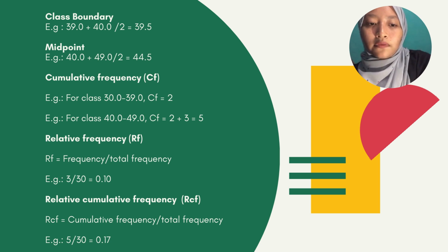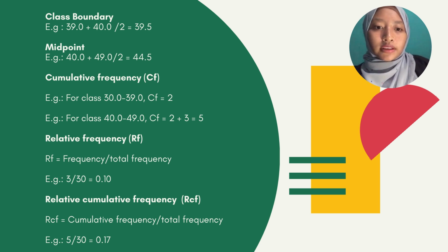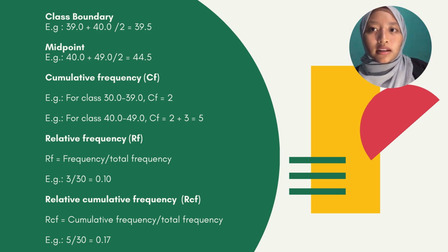So 5 divided by 30, you will get 0.17. So that's all for the calculation. For the histogram part, I'll pass this presentation to Najiba.